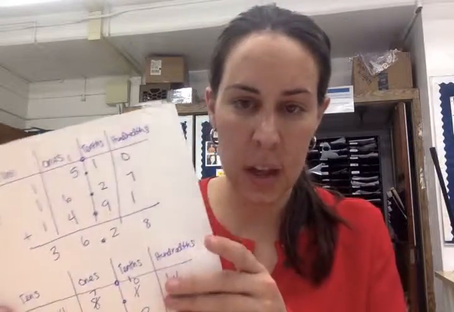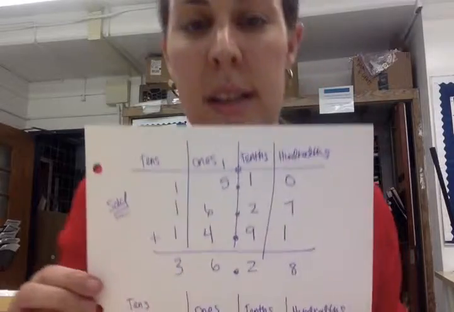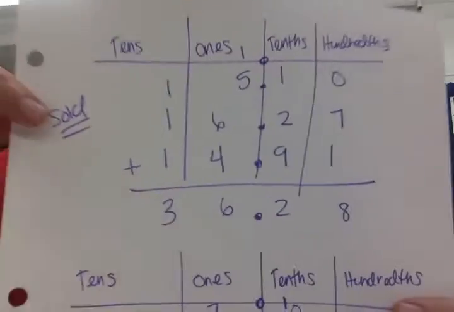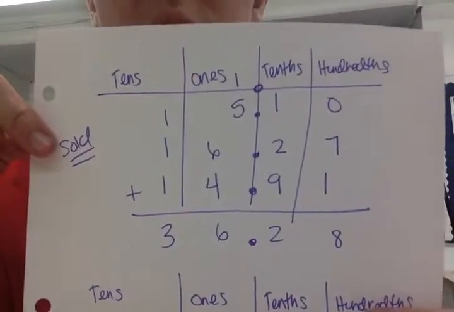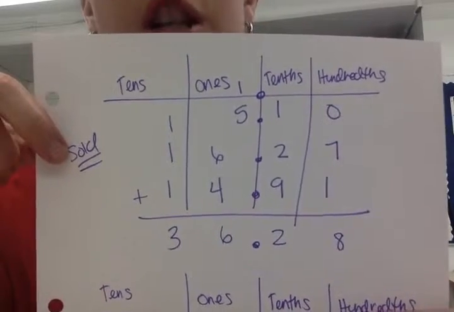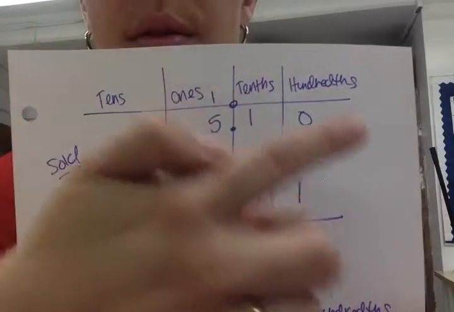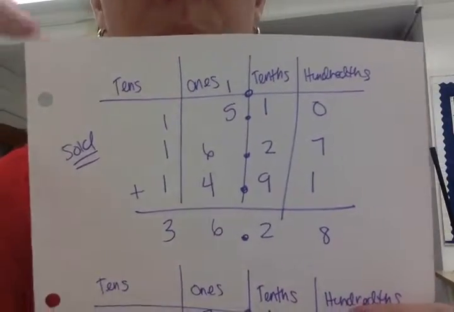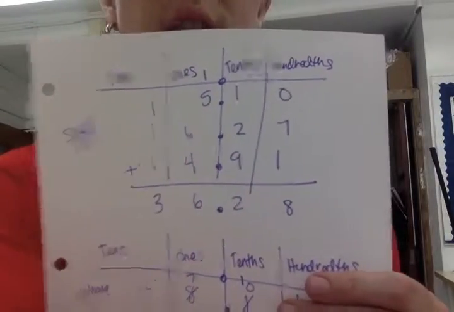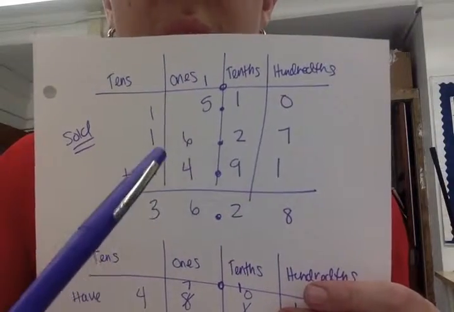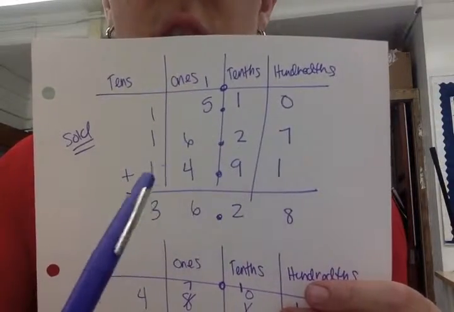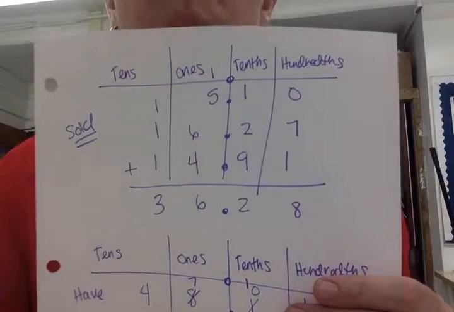Now, if you're like me, and you're showing your work very clearly, you may have run out of space, so I moved on to some scrap paper. The next place value chart I'm going to use to find out how much they sold in total. Again, I go for my tens, ones, tenths, and hundredths, and I put each of the numbers onto my chart. I had 5 and 1/10, 16 and 27 hundredths, and 14 and 91 hundredths.